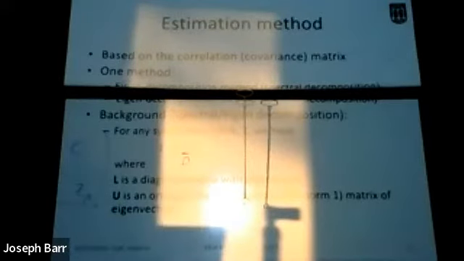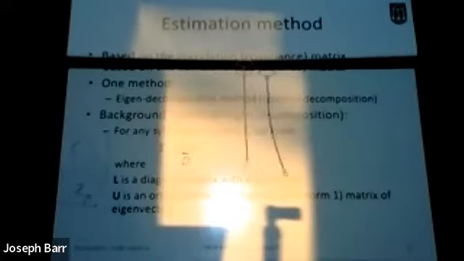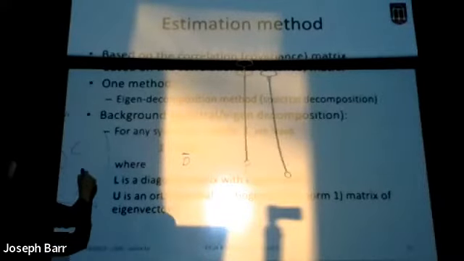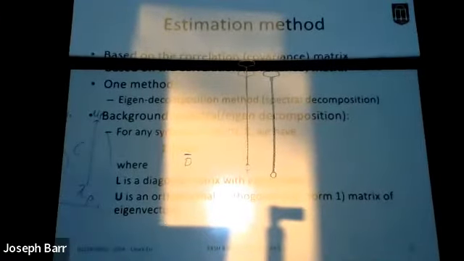So this is the eigenvalue matrix. For each eigenvalue, we can calculate the eigenvector. Based on the first eigenvalue, we calculate the eigenvector U1, and for the second eigenvalue, we calculate the second eigenvector U2.